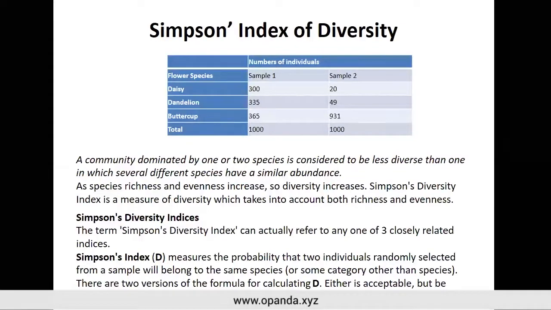As species richness and evenness increase, so diversity increases. You understand now there is an automatic relationship between evenness and richness. Evenness means these are individual species which are going to be assembled together, and this assembly is now what we call richness.